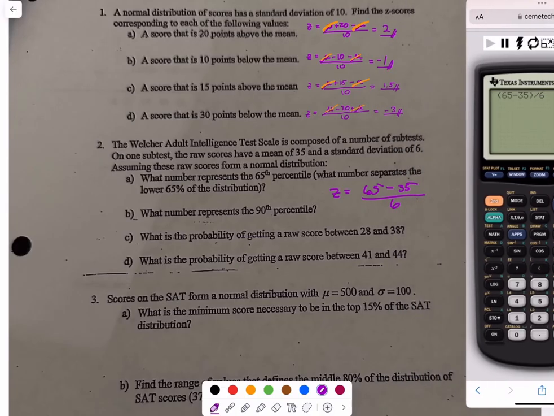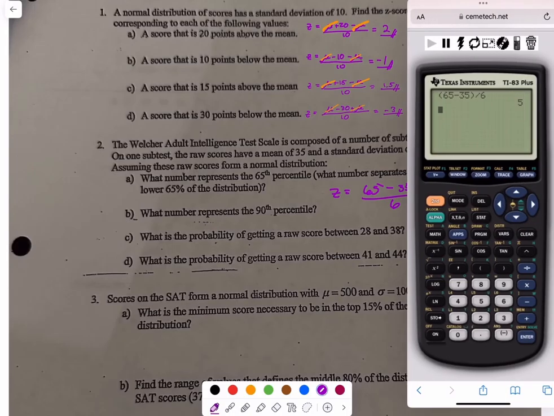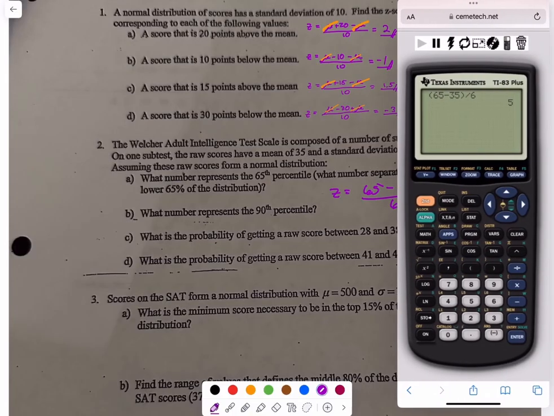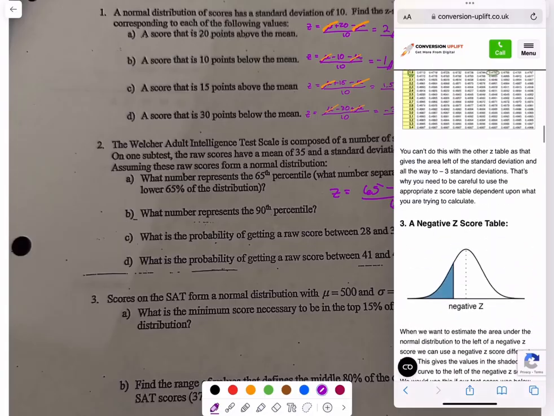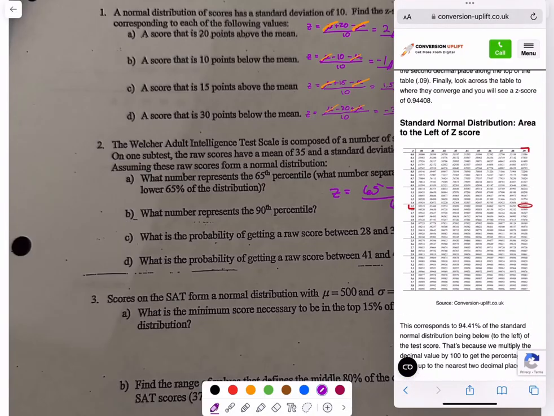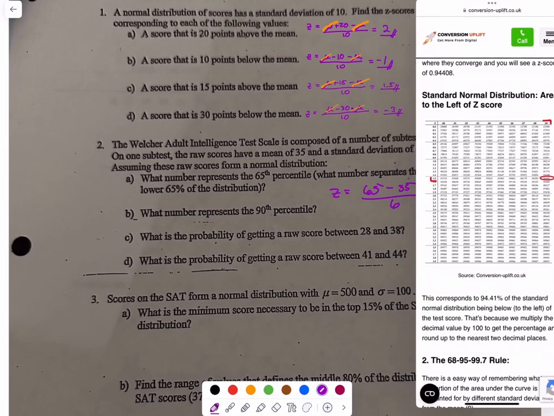Let me see. And then let's look at our chart. So we got a z-score of 5, positive 5, which is going to be this chart up here. I think that goes off. Let me check it again.